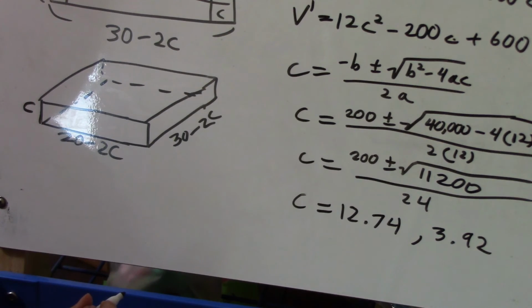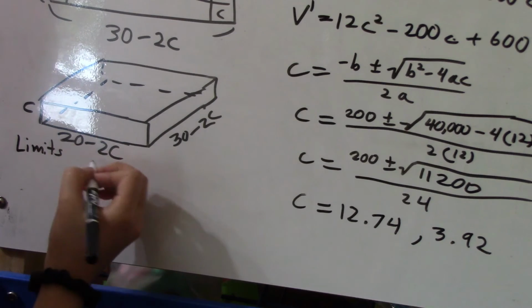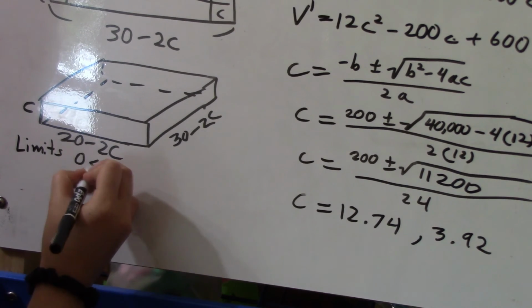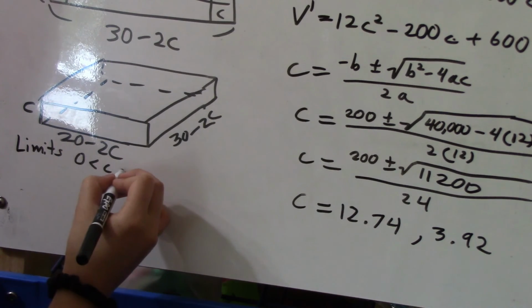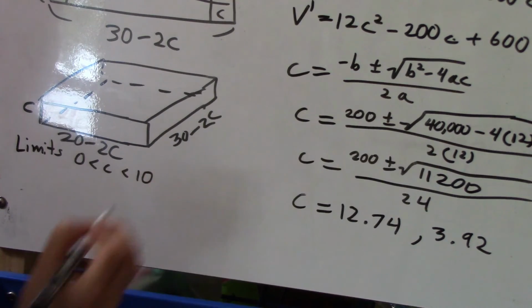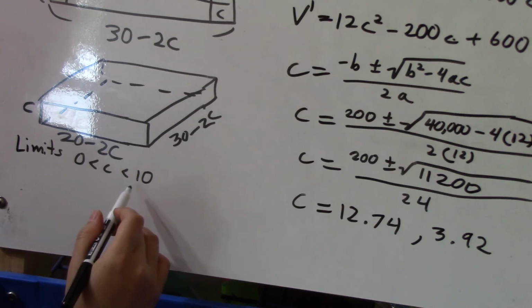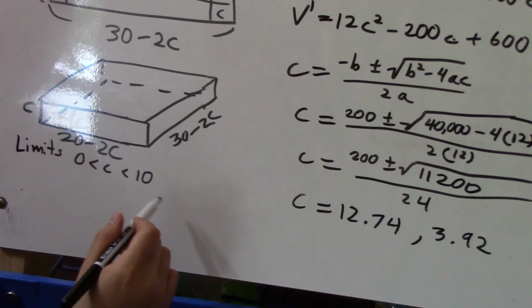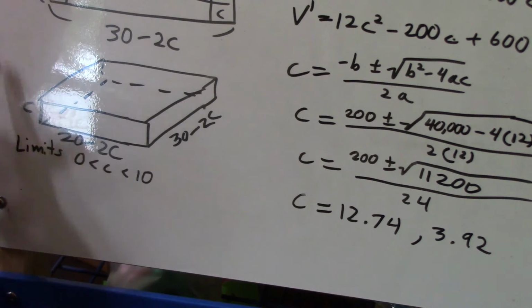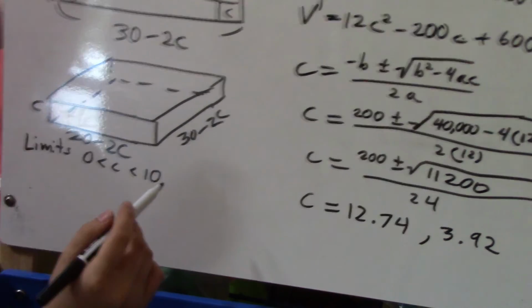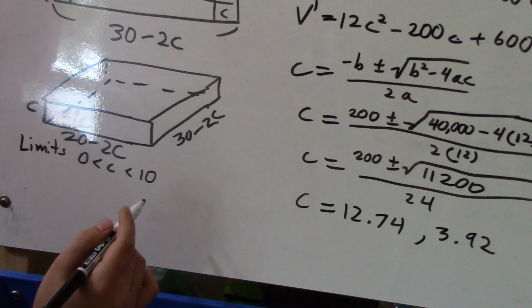We will find which one will be the C, or the height. C will be greater than 0 and less than 10. How do we get 10? 10 is half the amount of the smaller side of the box, which is 20.